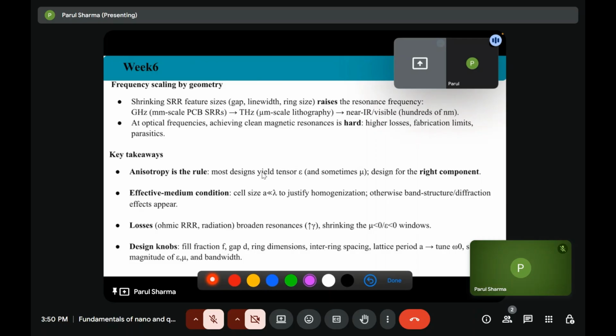By changing the fill fraction, the gap, the ring dimension, and the periodicity, that is the inter-ring spacing or lattice period, so that we can tune my resonant frequency, the sign or magnitude of epsilon, and my bandwidth.